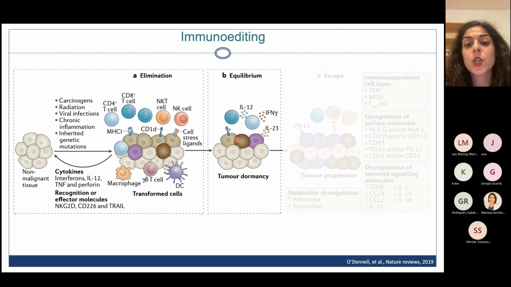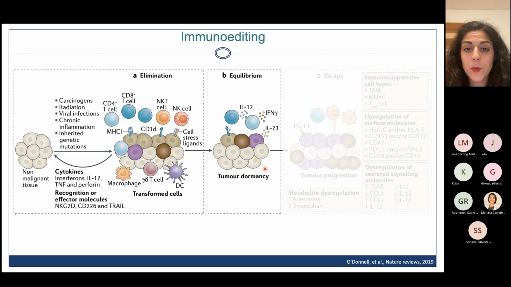So you will have this equilibrium phase, where some cells will still be highly resistant to the immune system, while other cells can be targeted and killed. The equilibrium phase means that you will have no growth of your tumor, because some cells will persist in a dormant state, so will not divide, while some others will be targeted.